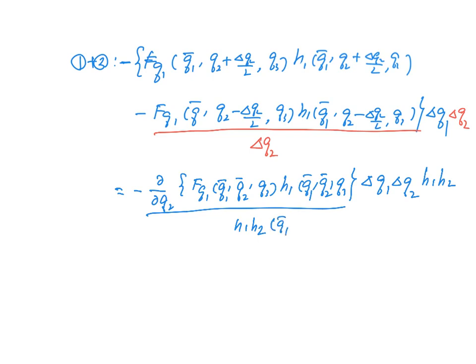Let's do it this way: H1, H2 evaluated at Q1, Q2 bar, Q3.